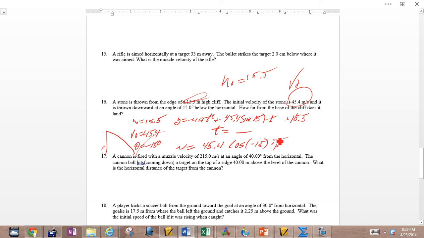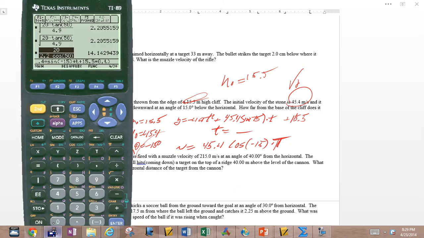I don't have the time. So I have to go back to my y equation and find the time. Here's my y equation: negative 4.9 t squared plus 45.4 sine of negative 15 times time plus 15.5. I've got to solve that for t. I'll show you how I solve that on my calculator.